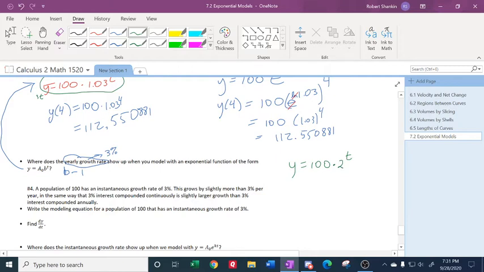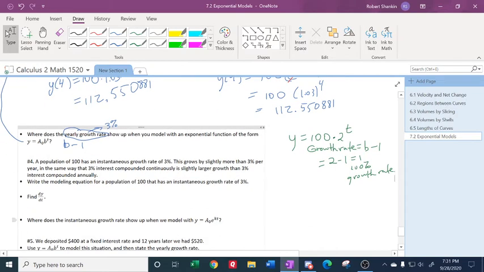But we call that not growing by 200% each year, but the growth rate is 100%. So growth rate is equal to b minus 1, which is equal to 2 minus 1, which is 1, which is a 100% growth rate. Grows by 100% each year.